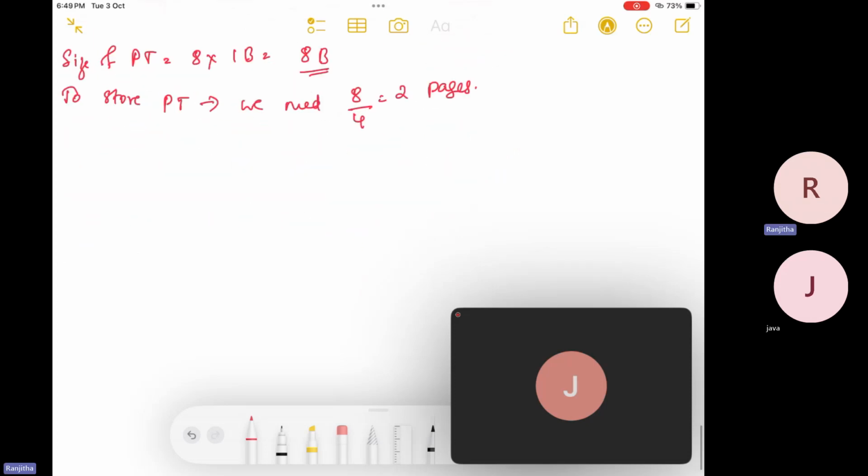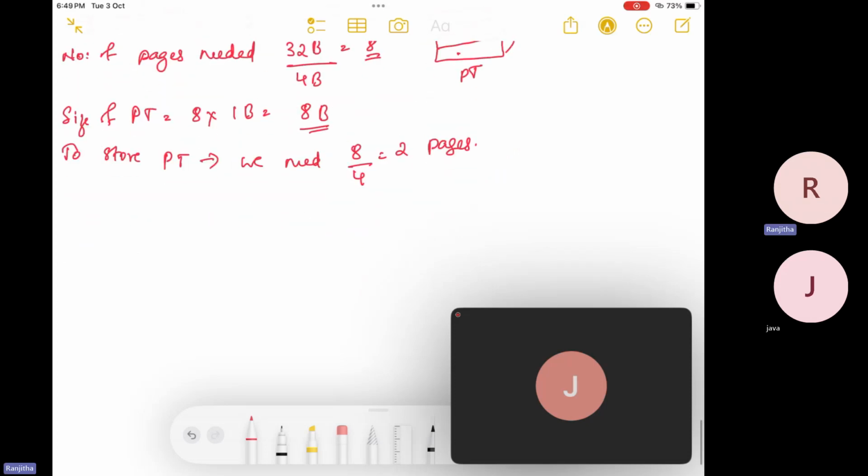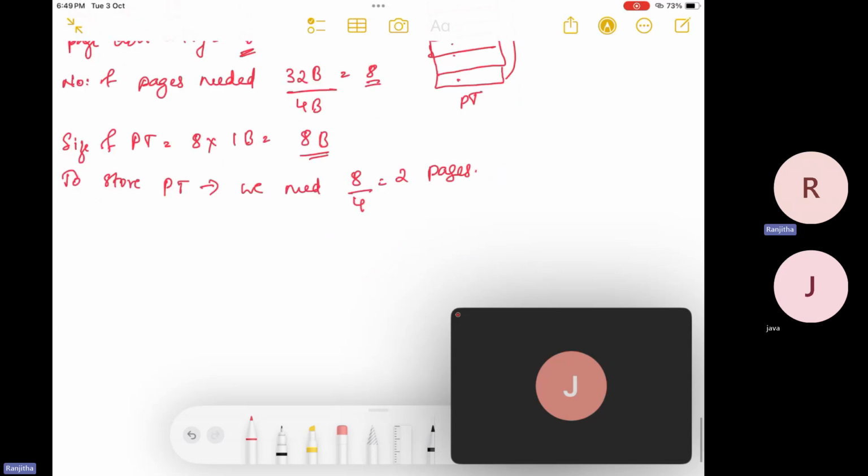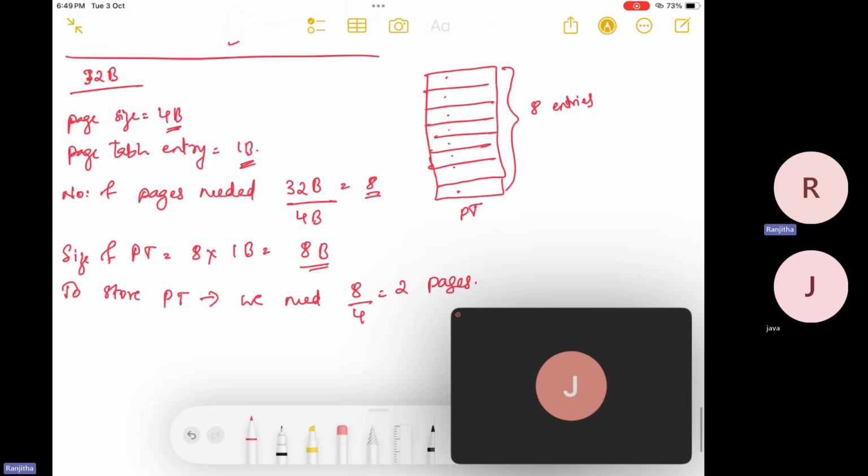Now this whole page table, with entries 1, 2, 3, 4, 5, 6, 7, 8, will be stored in 2 different pages.